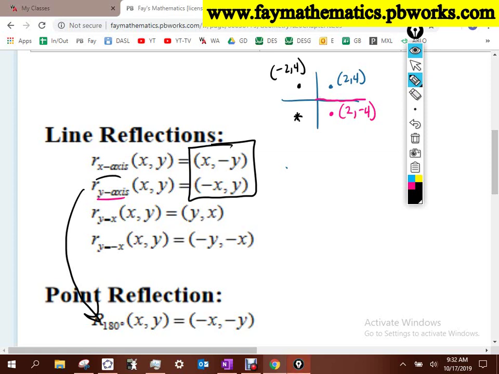What's the ordered pair there? (-2, -4), right? So I started with (2, 4), and if I do a 180 degree rotation, I'm going to get (-2, -4), right? Do we see that 180 degree rotation around the origin is the same thing as an x-axis reflection followed by a y-axis reflection? It generates the same rule, right? Does everybody kind of see that?